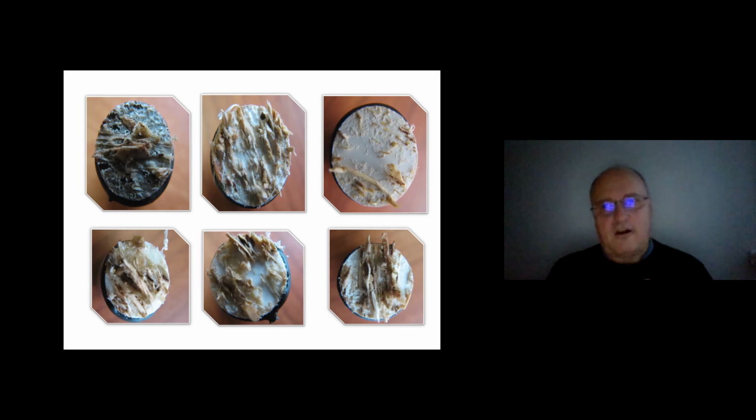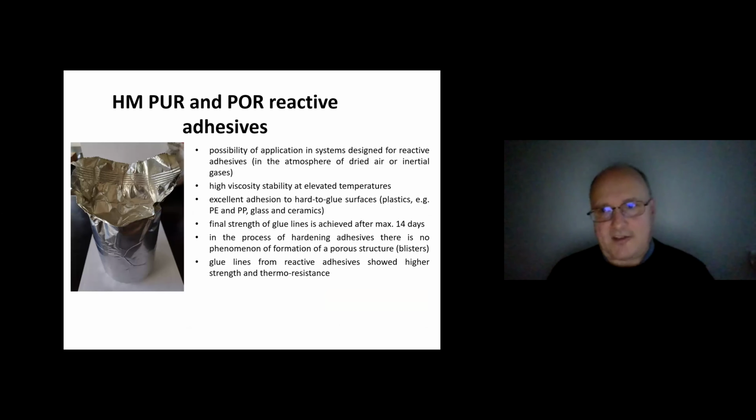Some is wrong, it's not good. Take a look to the right top, you can see more areas of plastics. And in this case, we need to improve some technological parameters.